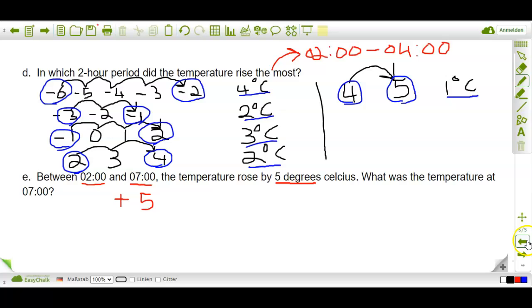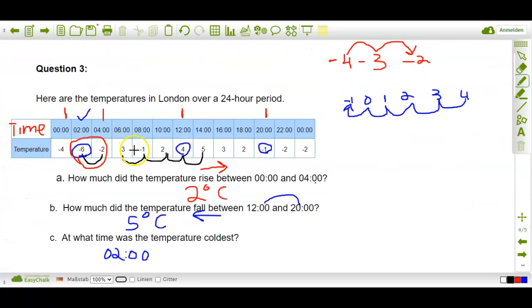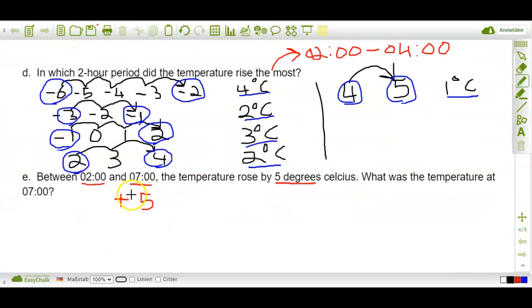Let's go back and look at what the temperature was at 200 hours: -6 degrees Celsius. So we have to add 5 to negative 6. The first part of that expression is negative 6, so we must start at negative 6.